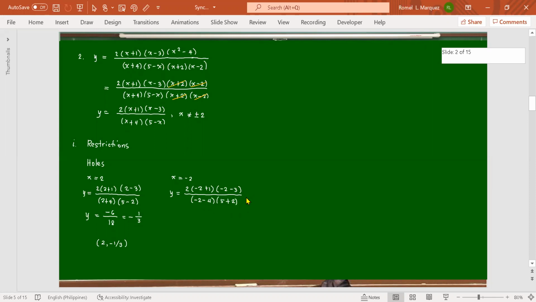So plus 2 now. So this is equal to negative 5, negative 2. Is it positive 10, children of the Philippines? Yes. Denominator, 7, negative 6. What's the answer?